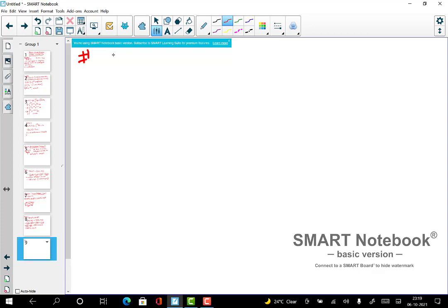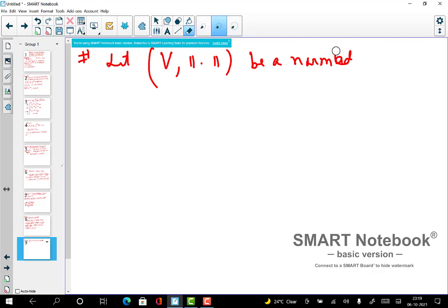Let you have a vector space, and the norm may be coming from an inner product or not, doesn't matter, but I have defined norm in the previous classes. Let me write down a normed linear space.